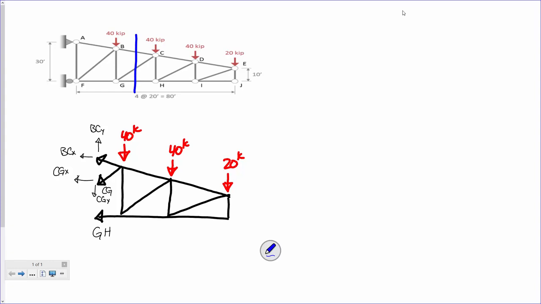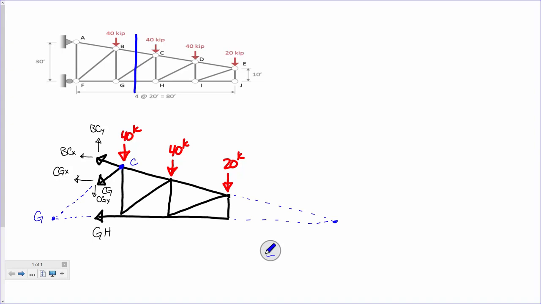Let's identify where we could sum moments. We could sum them here at point G. We could sum them here at point C. There's actually another place that I'm not going to do for this problem, and that's all the way out here, because BC and GH coincide, and from a strategic perspective that would make more sense.